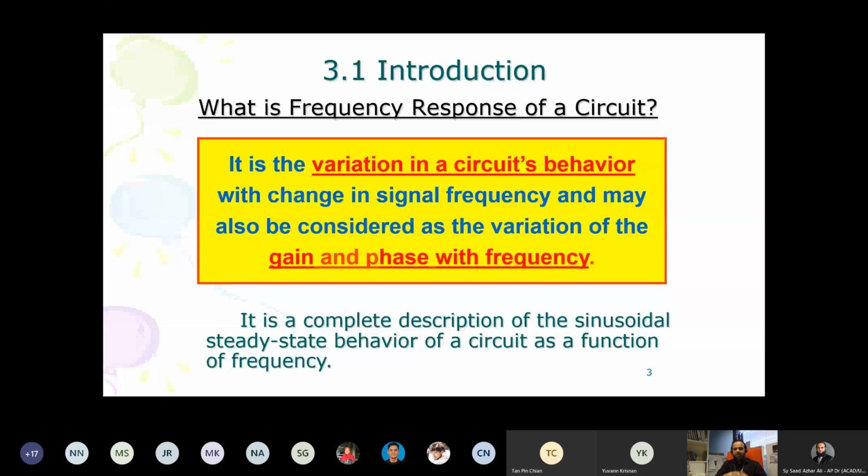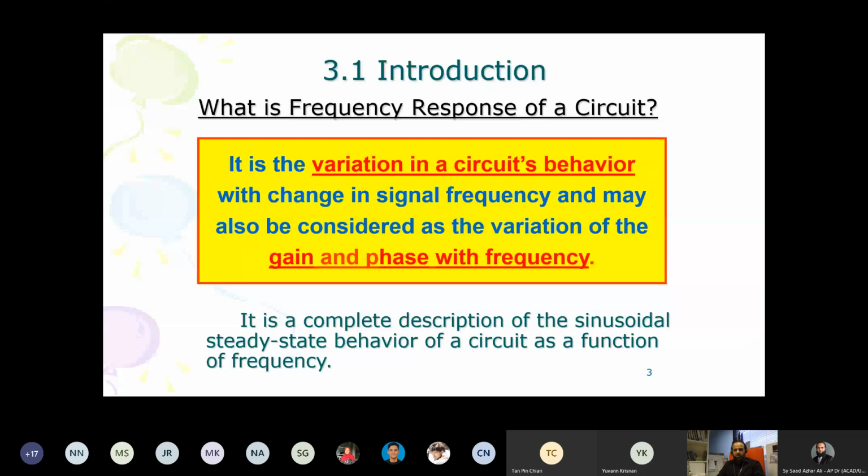So the response to any particular input is called that input's response. In a similar way, frequency response is the response to varying the frequency. It is the variation in a circuit's behavior with change in signal frequency, and may also be considered as a variation of gain and phase with the frequency.